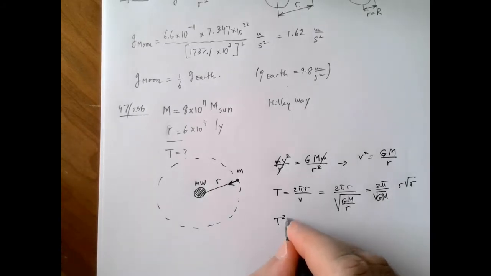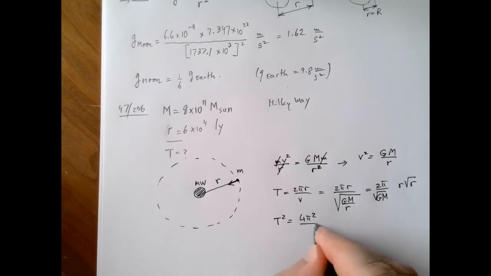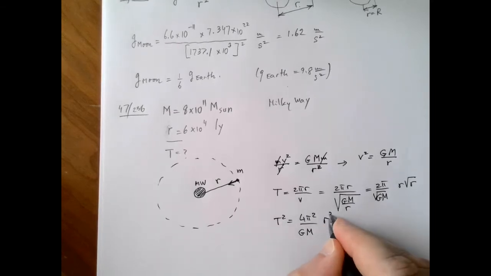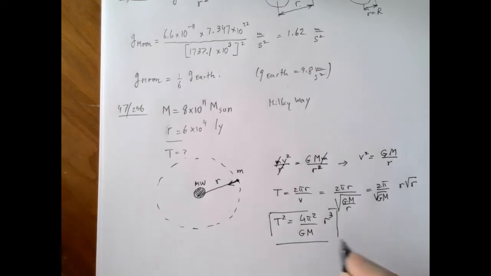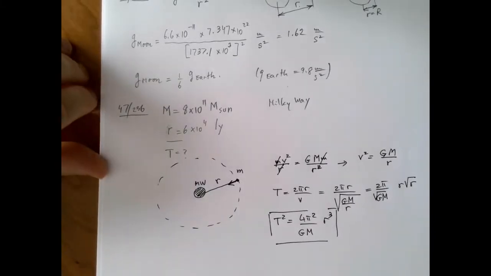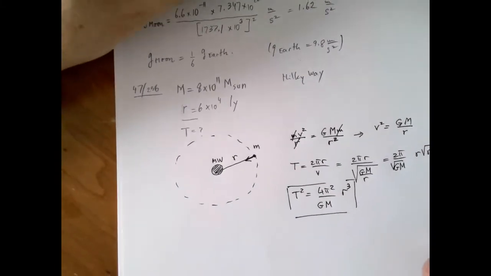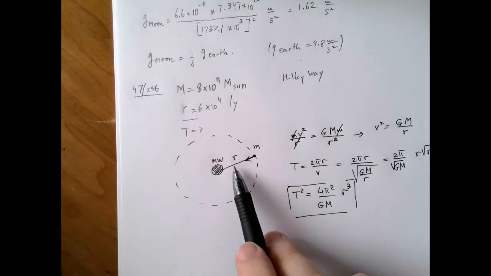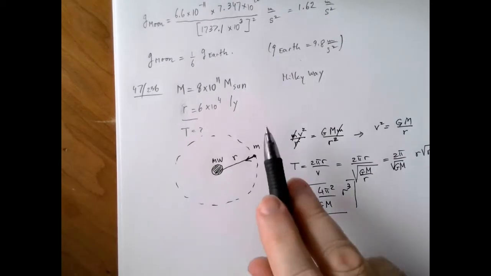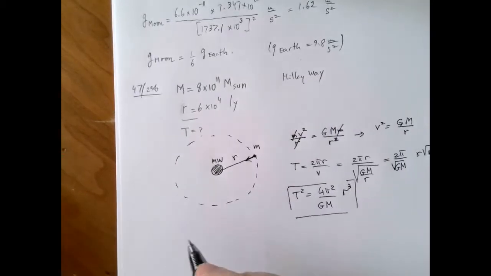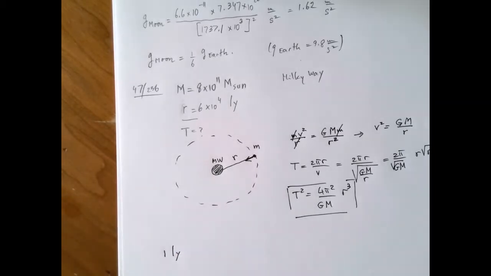And this is nothing else than Kepler's third law, which we derived in a separate video. So now it is just a matter of plugging in the numbers. But of course, we might not be that comfortable with the units of light years. So let's convert. Let's see what 1 light year is equal to.